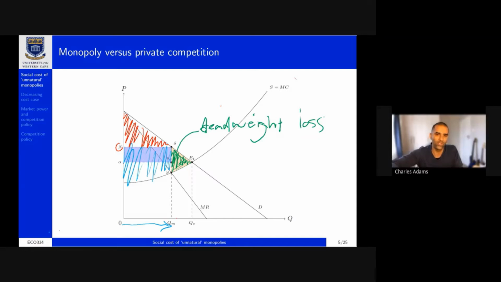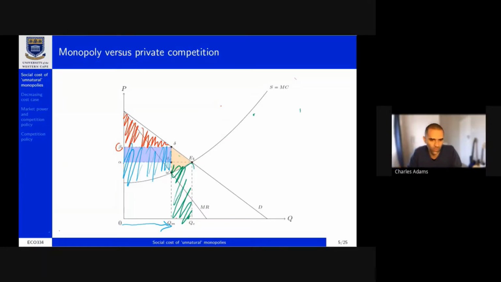Another thing noted in the textbook is that there's just no production taking place between QM and QC, right? So resources that were deployed to the production of this particular good, to the quantity of QC minus QM, are no longer being deployed for that purpose, right?